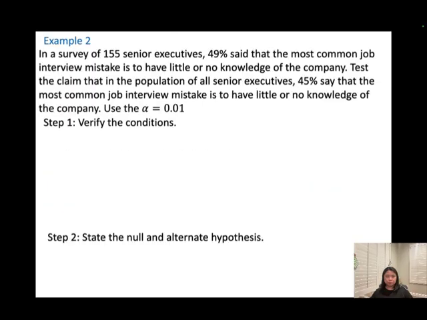Example 2. I want you to try to do it by yourself. Verify the conditions. We have three conditions.